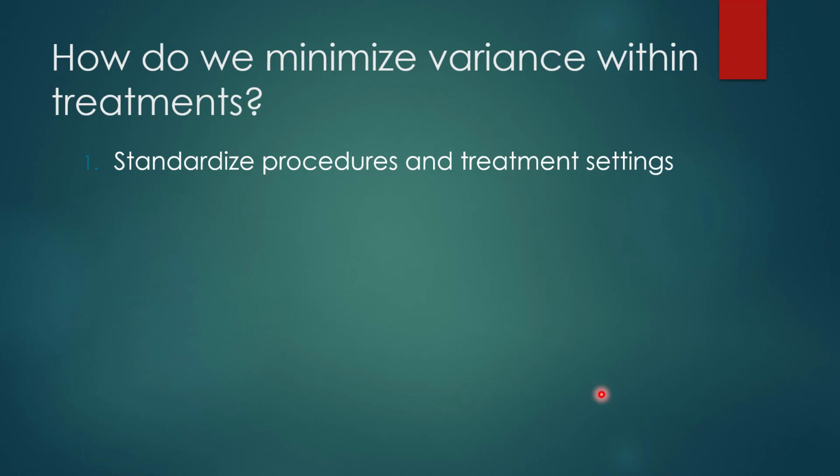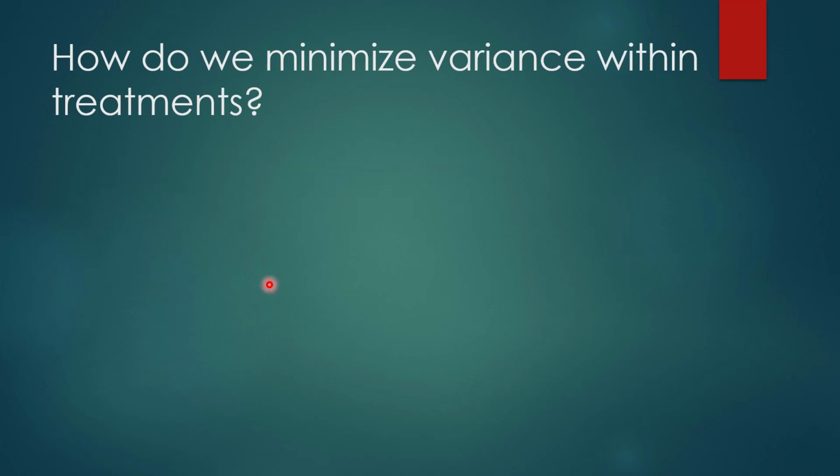Now with our experiments, it may not be as feasible to control some of these things, unfortunately. You want to try to limit individual differences. We talked about how we can hold variables constant, matching subjects, those types of things. So just briefly to discuss some ways we can minimize the variance within the treatments.